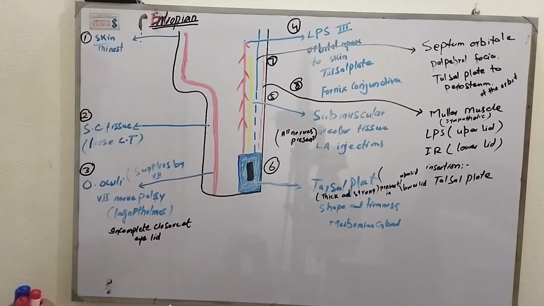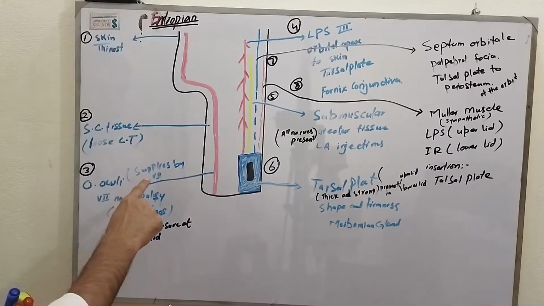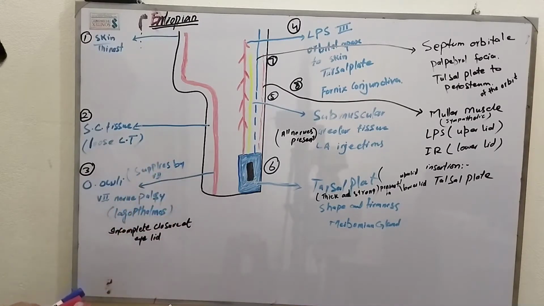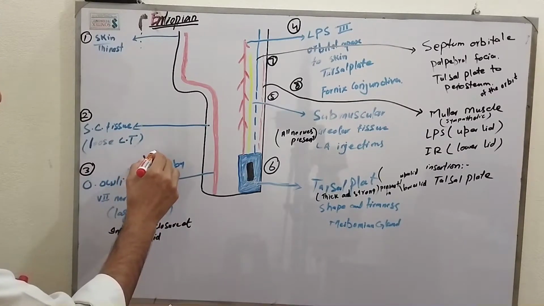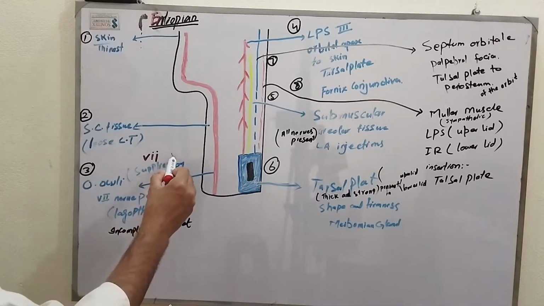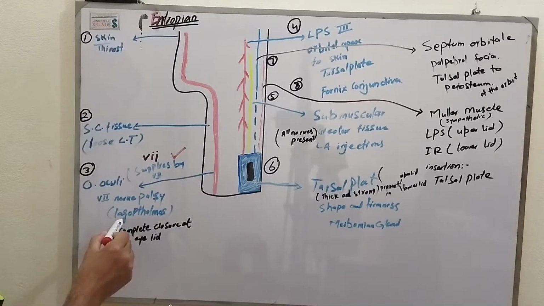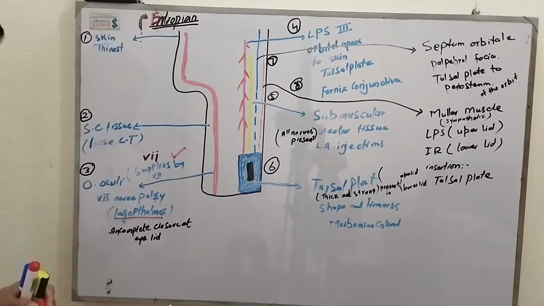Always remember, orbicularis oculi muscle is supplied by the seventh cranial nerve. If there is seventh nerve palsy, then there will be lagophthalmos.